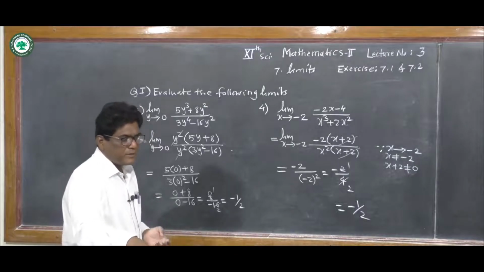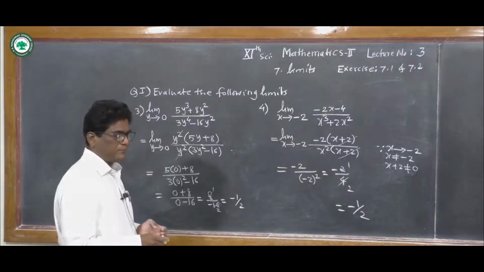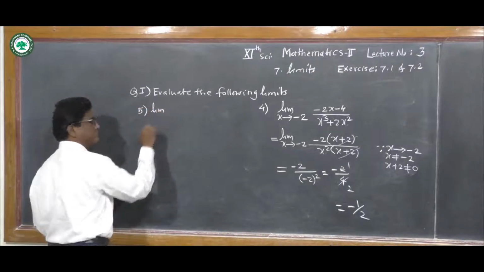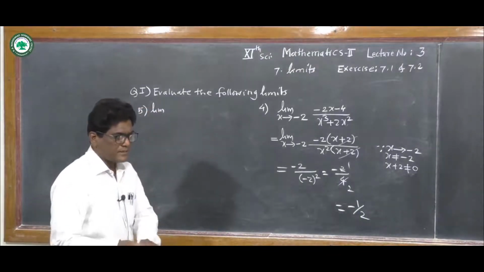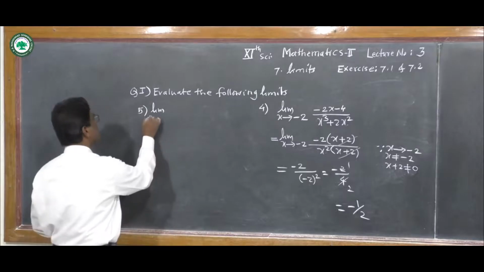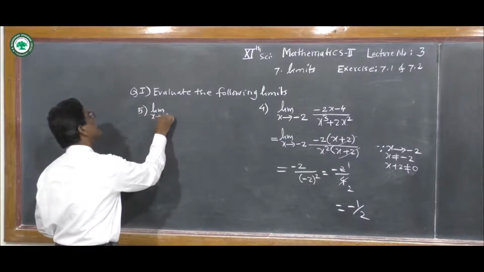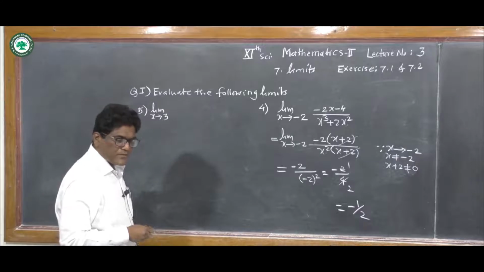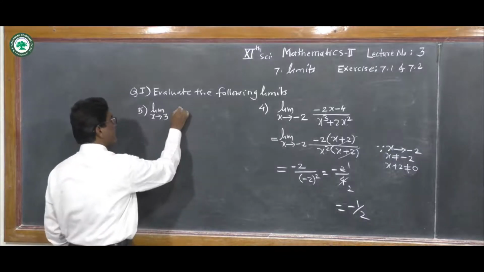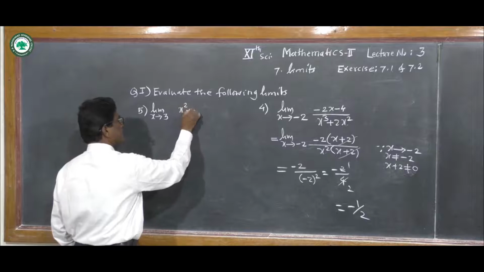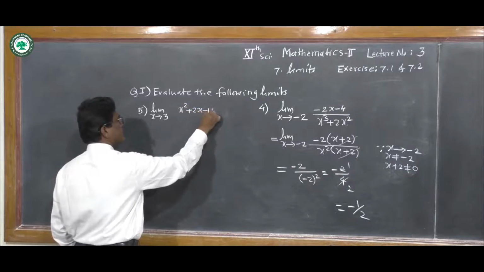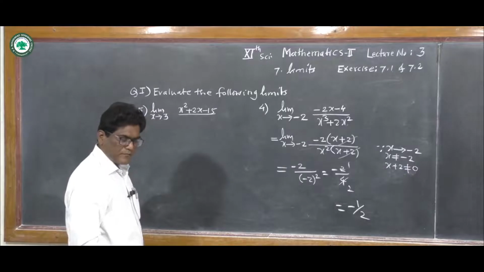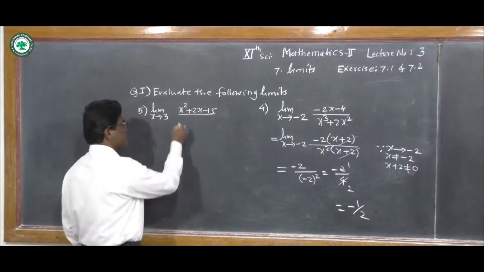Now the last problem in this question number one, the fifth problem. Limit as x tends to 3 of (x square plus 2x minus 15) divided by (x square minus 5x plus 6).